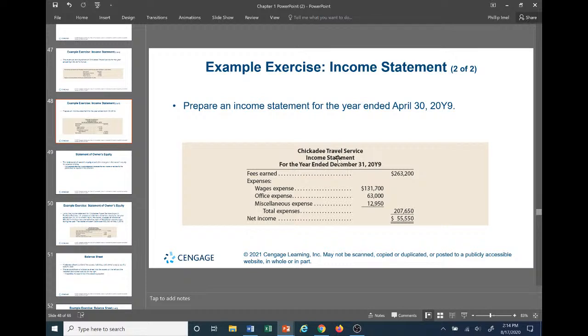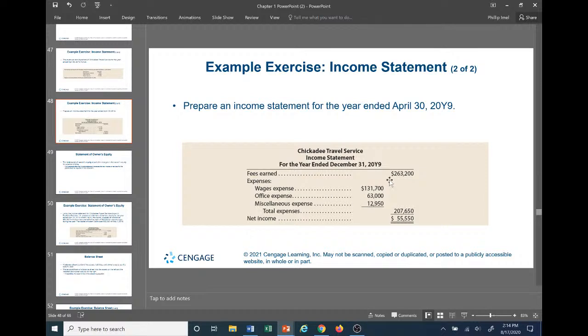This is Chickadee Travel Service income statement, and notice for the year ended December 31st, 2009. Notice it says for the year ended. So this means this is for the period of 2009, for this whole entire year. This is the activity that occurred during this period of time, right? Because the income statement is for a period of time.